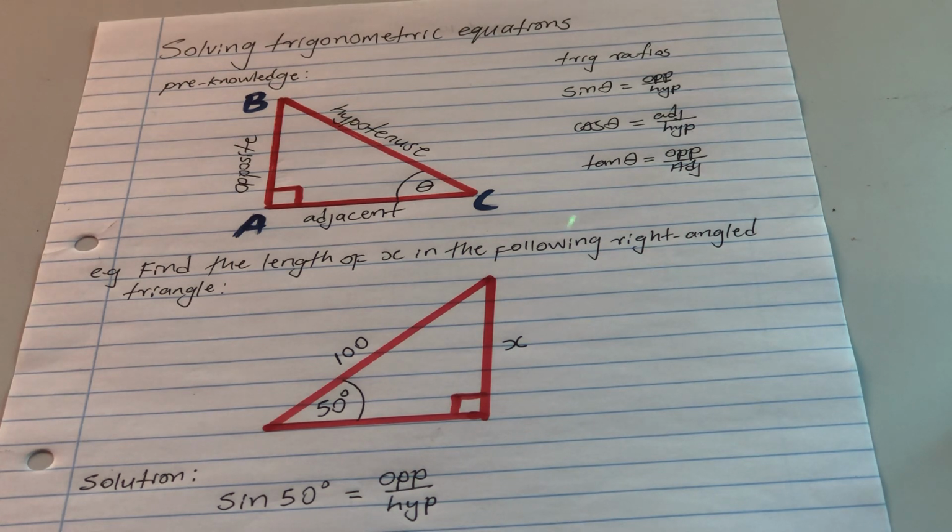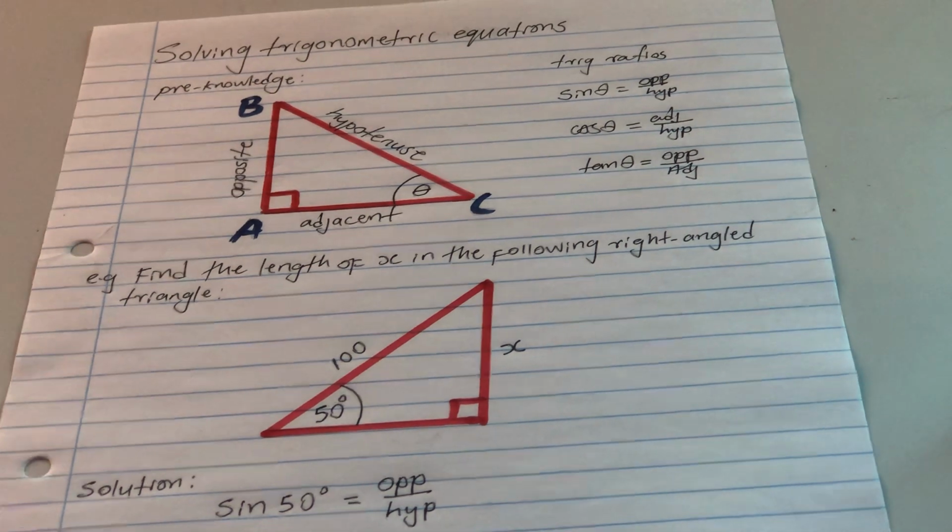So I'm given the opposite in the form of x, and I also know my hypotenuse, which is 100. And I'm required to find the length of x.